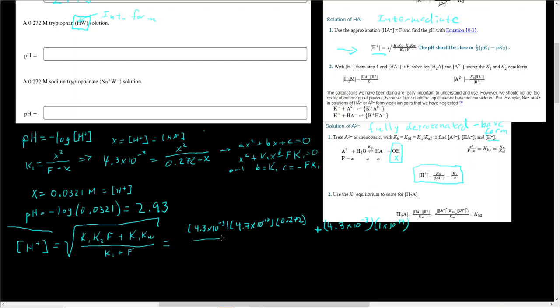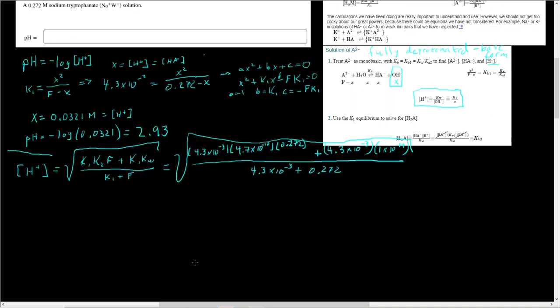All right, and then all that, we divide by K1, 4.3 again, times 10 to the negative third, plus our formal concentration of 0.272. And then the square root of all that mess. So that's not a very straight square root symbol. Sorry for my radical there. All right, so now we're ready to plug and chug, as they say. So let's do that.